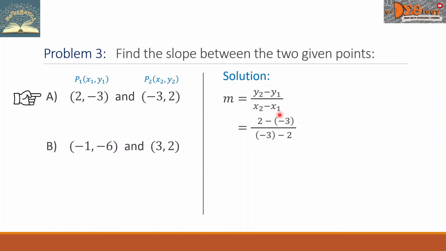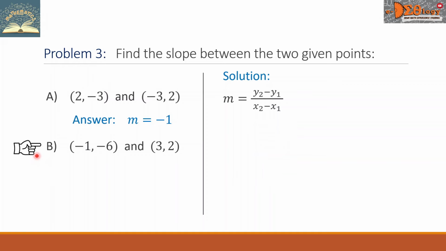Negative and negative becomes positive. So 2 plus 3 becomes 5 over negative 3 minus 2 is negative 5. Then the quotient 5 divided by negative 5 is negative 1. This is the slope for the 2 points. We copy the answer below problem A.